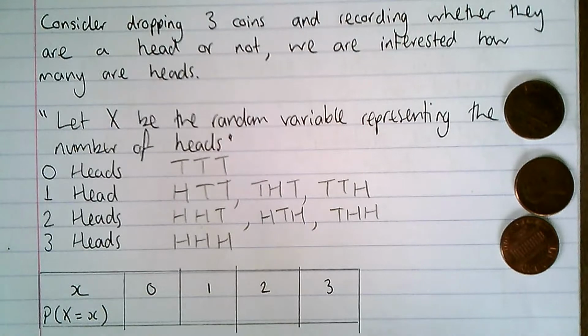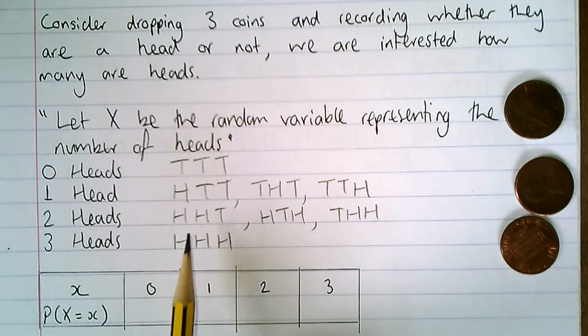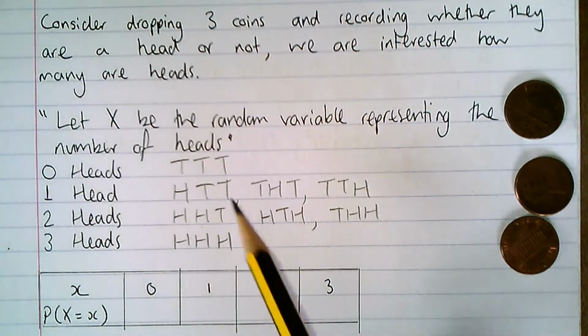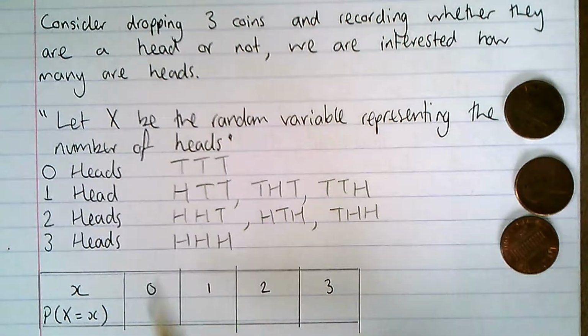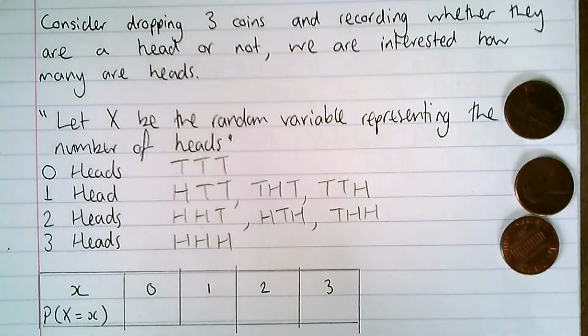So as you can see, getting 1 head or getting 2 heads is far more common than getting no heads or getting 3 heads. Now if we were to fill this in terms of our probability distribution function, this is the kind of thing that we saw last time. So here we've got our outcomes across the top, we've got our probabilities down here, and you've been working on some of these in the exercises recently.